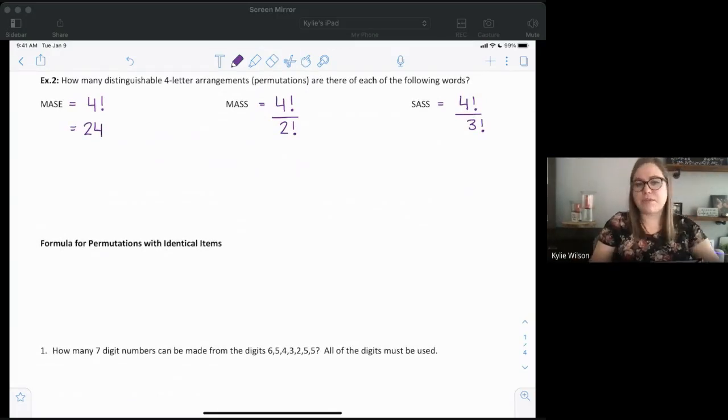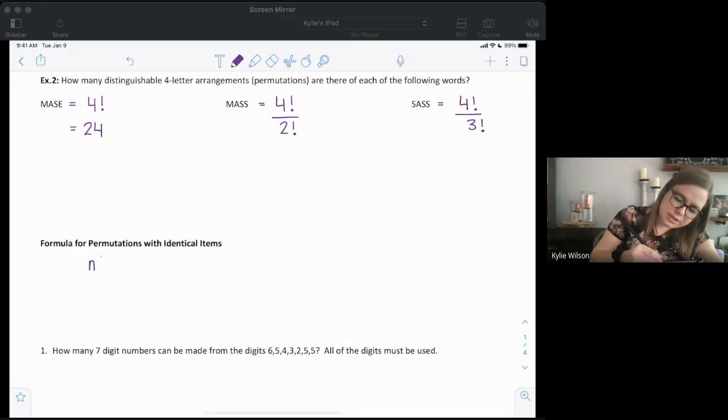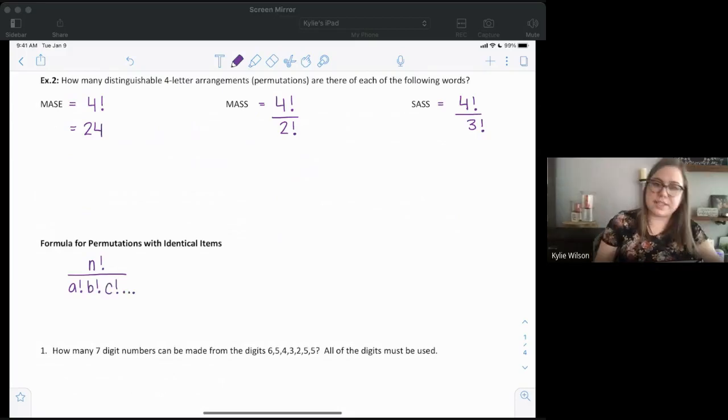So this is what our formula looks like. We have n factorial all over a factorial, b factorial, c factorial, and that just continues on.